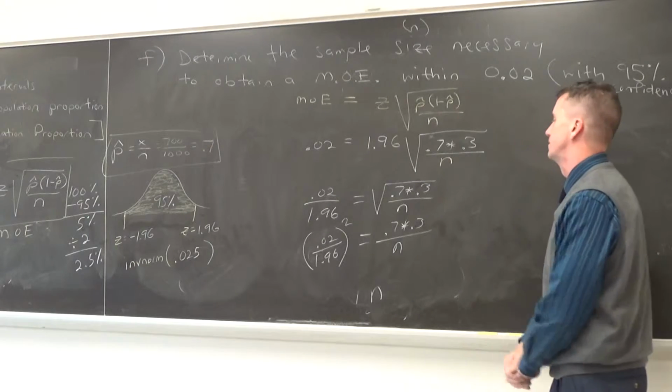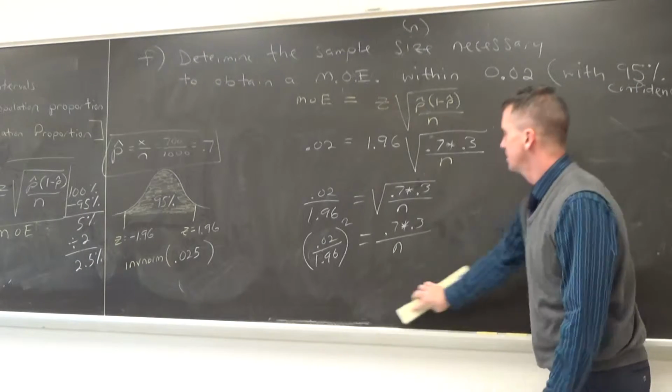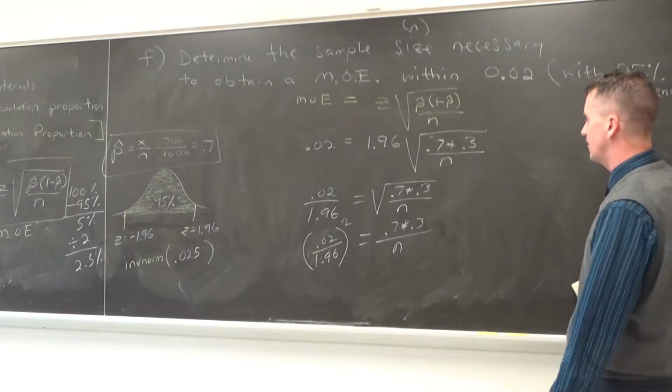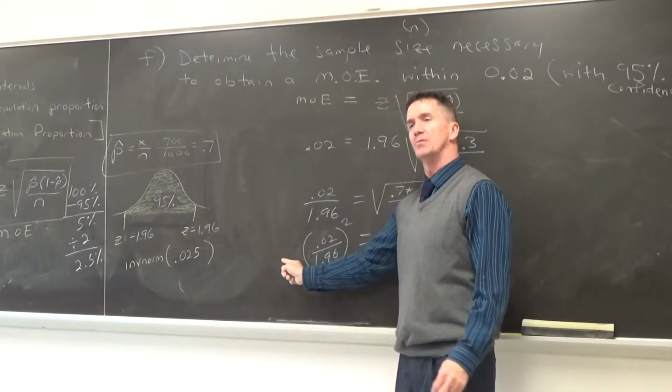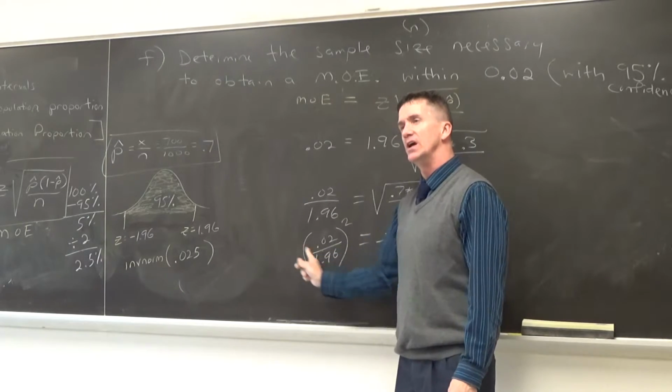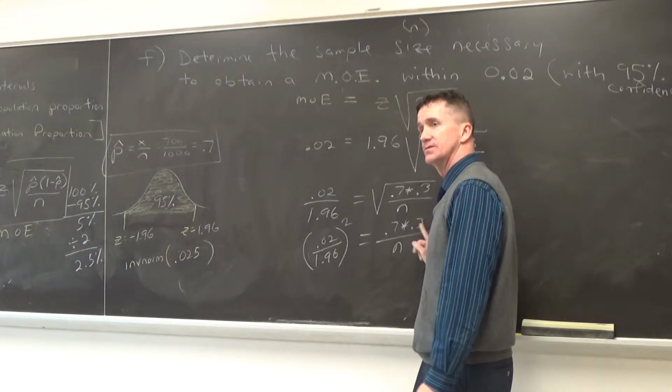See? Almost there. I've almost got it solved, but now I'm trying to solve for n. It's in the denominator. I want it up in the numerator. So what I'm going to do is multiply an n on both sides.